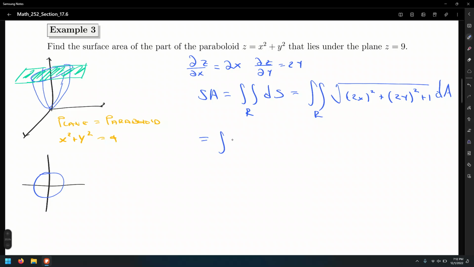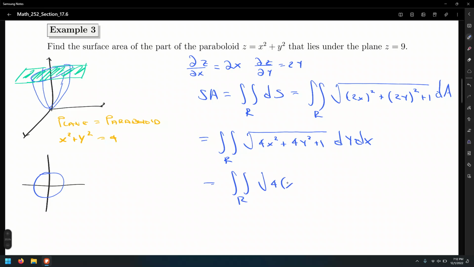So that's going to be the double integral still over R. Let's simplify the radicand first. That's going to be 4x squared plus 4y squared plus 1 dy dx. And here is where we are going to iterate the integral. Oh, not yet. Let me factor something out first. Almost there. So let me factor out the 4: 4 times x squared plus y squared, plus 1, dy dx.